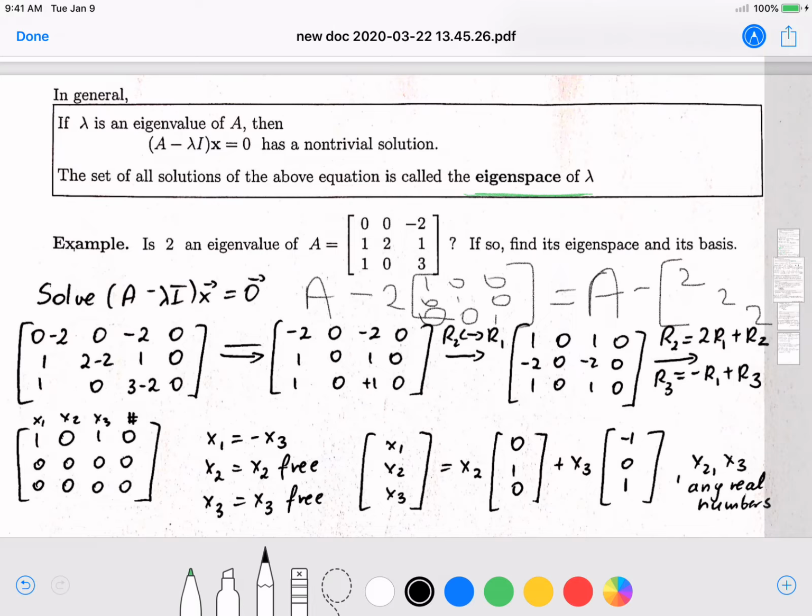So in the shortcut, what we are doing is subtracting 2 from the main diagonal right here. That means you subtract A minus 2 times the identity matrix. So if you perform this and simplify, we get this matrix.